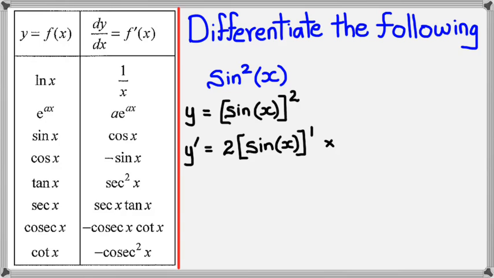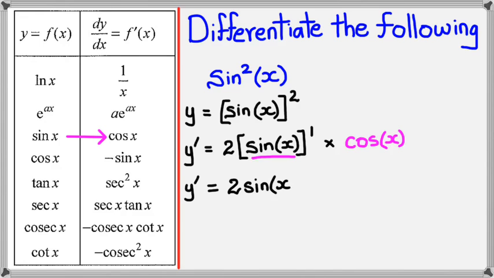Now this is all multiplied by the differentiation of whatever's inside the brackets, which is sine x. We know that sine x, when you differentiate it, gives cos x. So we have cos x here. So sine squared x, when you differentiate it, you end up with 2 sine x cos x.